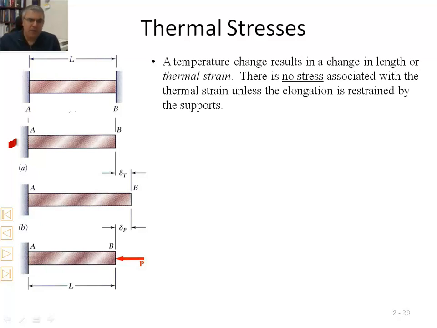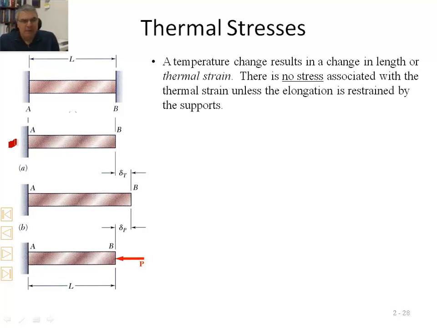This could be a bar. This could be a strip. This could be a test coupon attached on one end and free on the other side. The material could be really any type of metal or any type of material, but in this case, let's concentrate on metal.